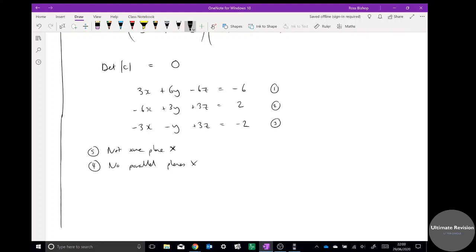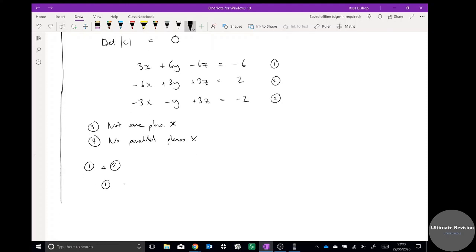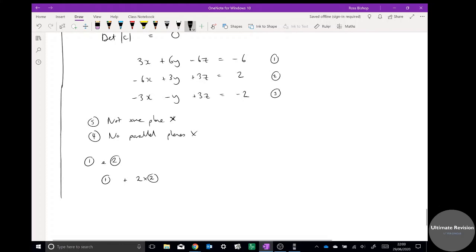And we'll do the same thing. We'll eliminate Z again using the equations 1 and 2. Again, it's going to be the same. It's going to be 1 plus 2 times equation 2. So if I do that, I get minus 9x plus 12y equals negative 2.